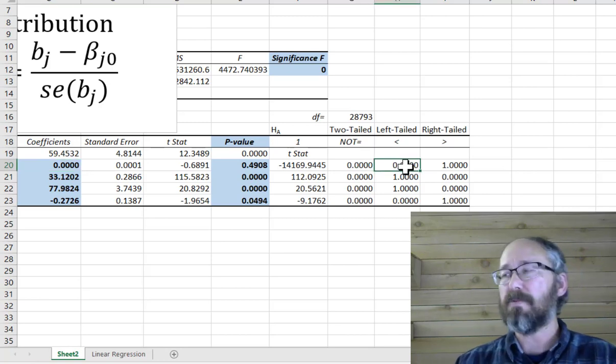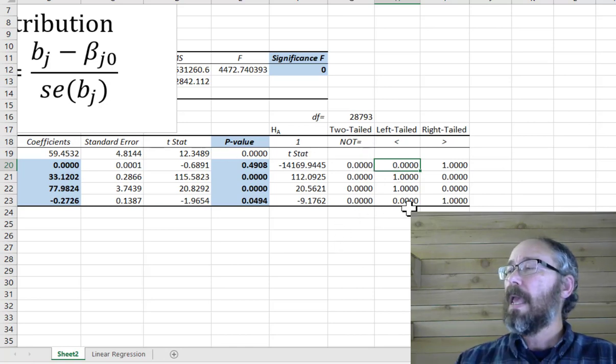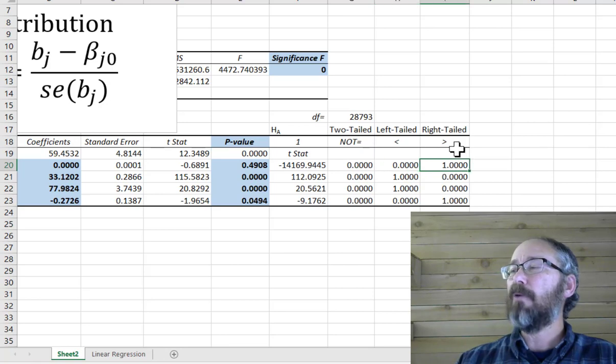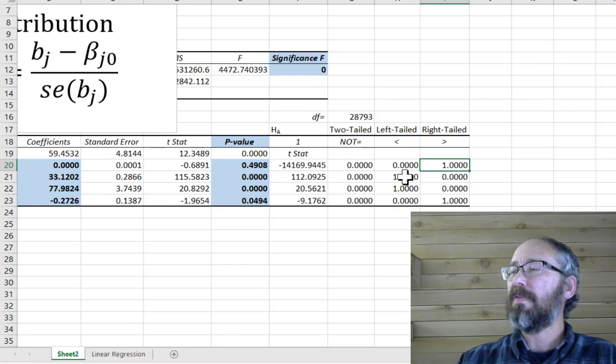It kind of makes sense, right? So our p-value is less than 0.05. So we're saying, yes, that this one, that was zip code, is significant at the 5% level. But if we're saying greater than 1, then it's not. It's got a p-value of 1, which is obviously much higher than 0.05. And notice that these down here, we can do the same thing.